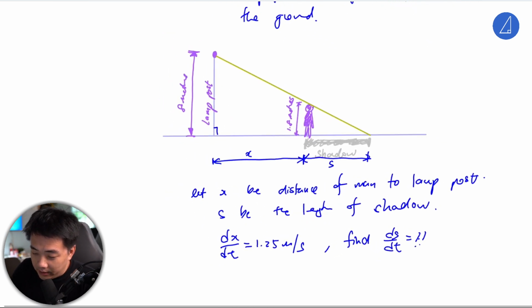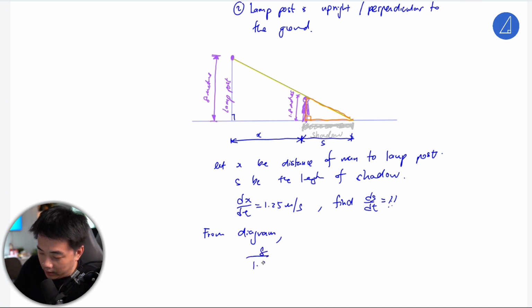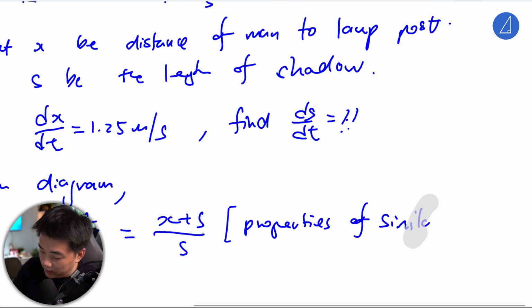What we need to do is use similar triangles. From the diagram, by similar triangles, 8 over 1.8 is equal to x plus s over s, using the properties of similar triangles.